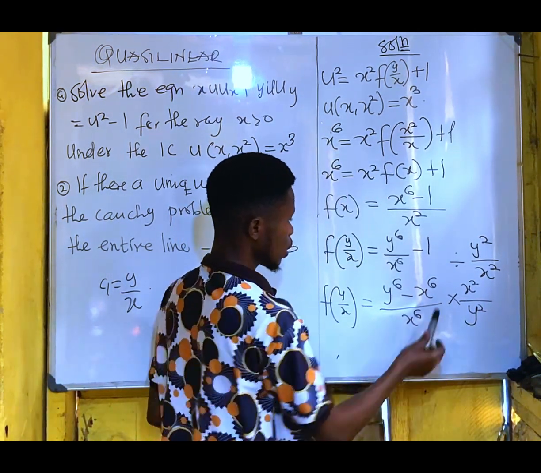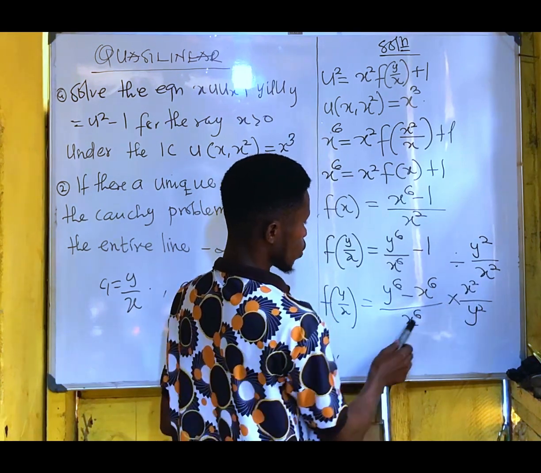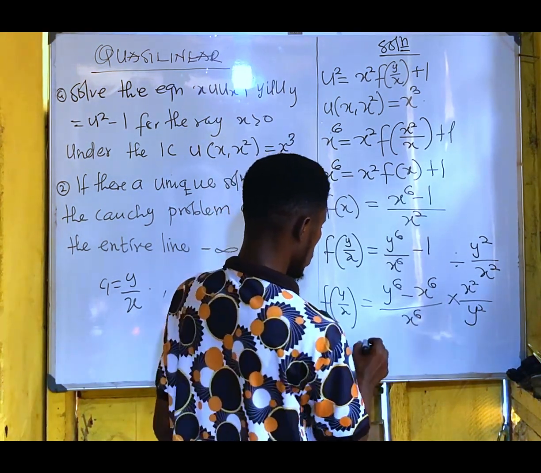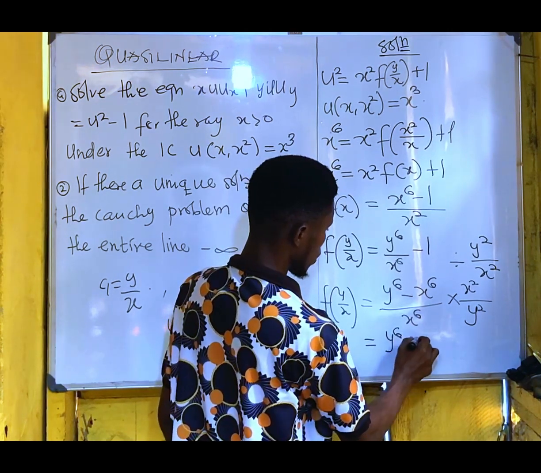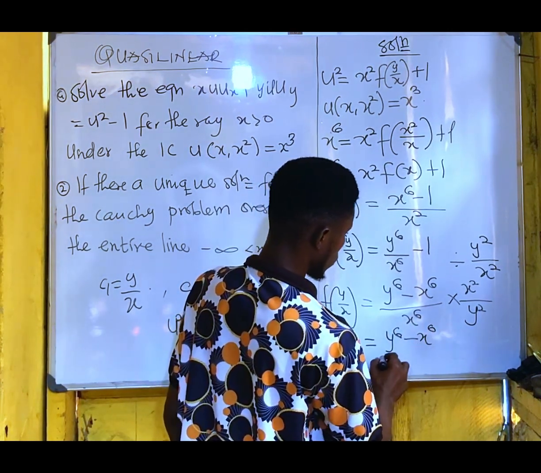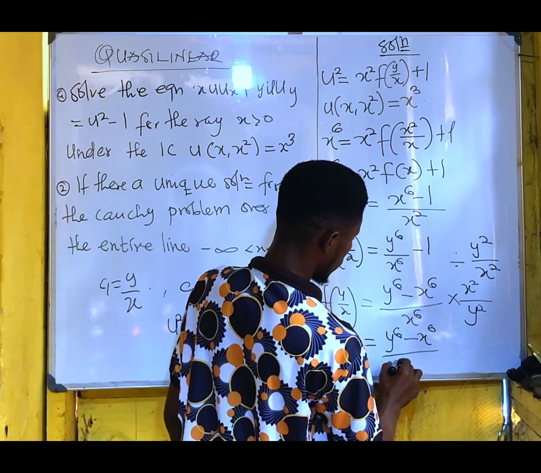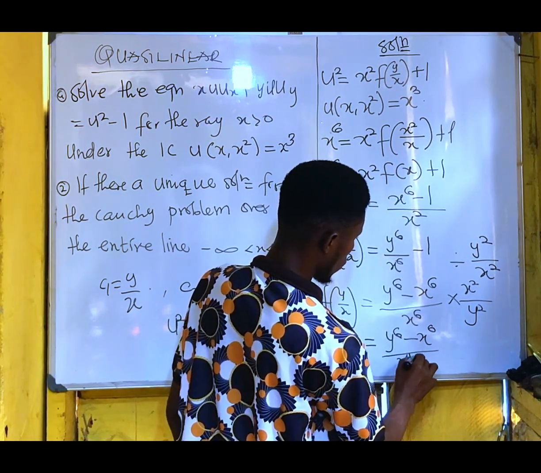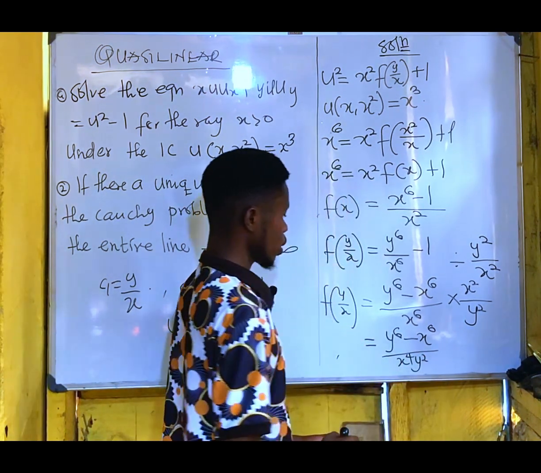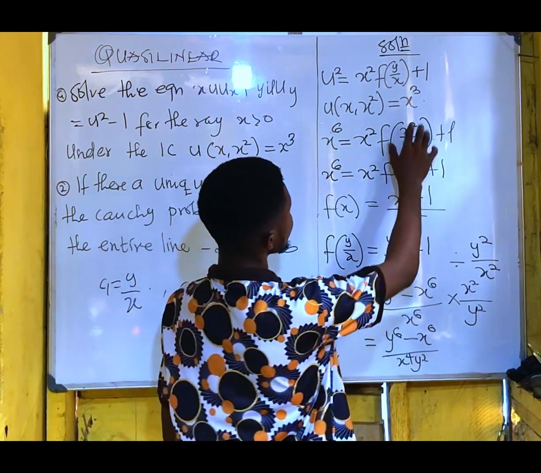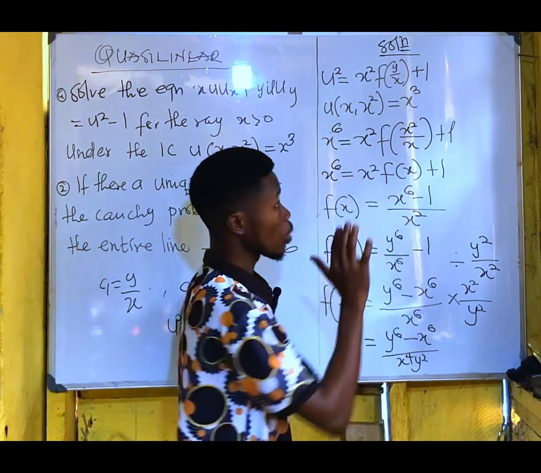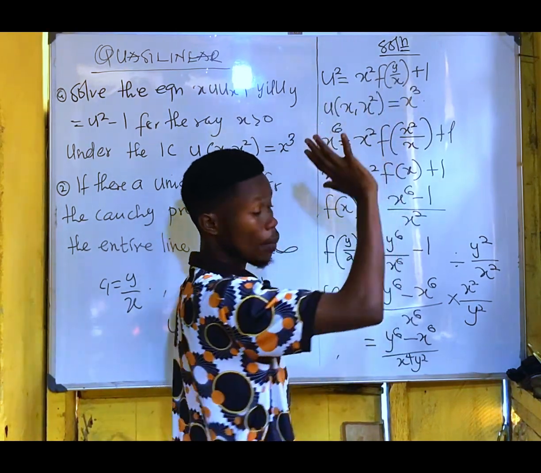Now in this case, the x squared, two of them will take care of this, so that at the end here we have y to the power 6 minus x to the power 6, all divided by x to the power 4 y to the power 2. So this is what you are going to have for f of y over x. So I'm going to replace that one here. Once I replace it here, then you have gotten our particular solution.